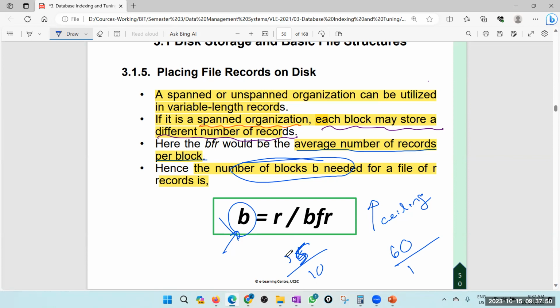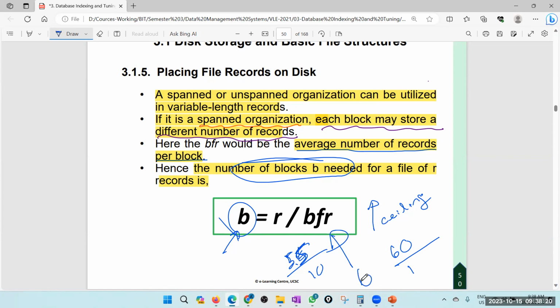Then what is the number of blocks needed? It is not 5.5, because there's nothing called 5.5 blocks. So it is 6 blocks, because 5 blocks is not enough. In the final block we are not using the entire block, but the number of blocks needed is 6, so you have to ceiling it.